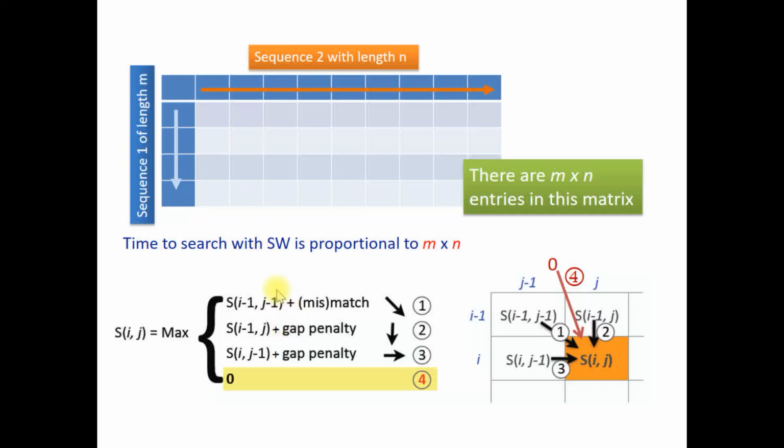So the iteration of the formula can be converted into filling in the matrix cell by cell, from left to right, from top to bottom. Then, for two sequences of length m and n, there will be a total of m times n entries in this matrix, or a total of m times n grids.